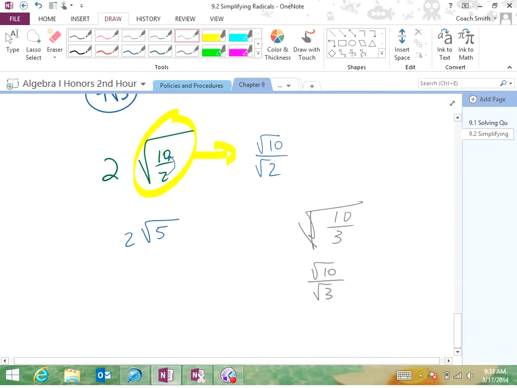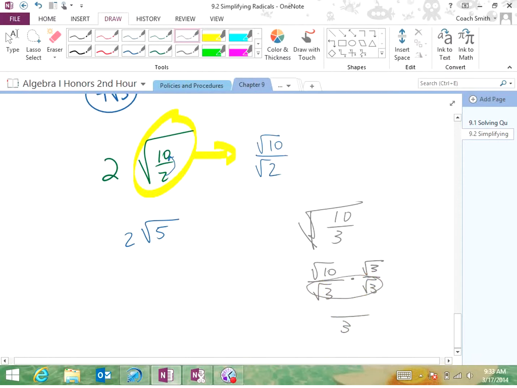Now, I can't have a square root sign or a radical sign on the bottom of a fraction. That's not simplified if you do. And so what you do is you take and multiply top and bottom by that. That's what you do. And this right here becomes 3.